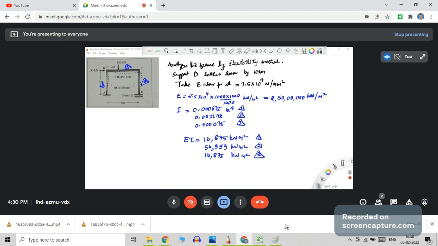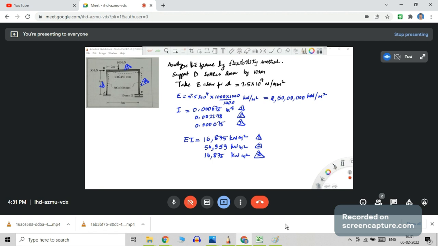Now here in the flexibility method, we have a scope of directly taking that support settlement or prescribed displacement into the displacement vector. You remember in the flexibility method we have three types of displacement vectors. If you remember that, only then can you understand the video further. Those are small q, small x, small r, where small q refers to element level displacements.